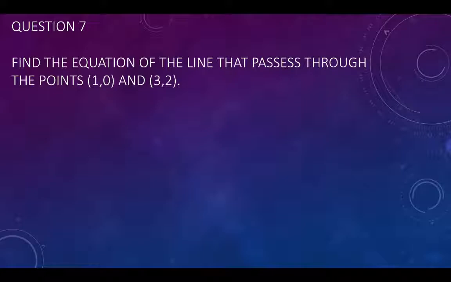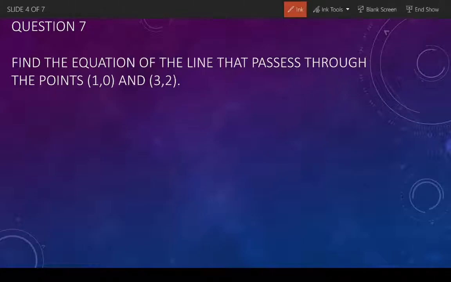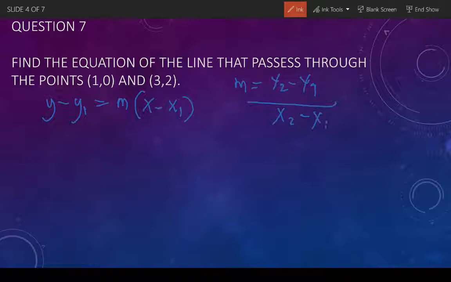So, we have the formula y minus y sub 1 is equal to m times x minus x sub 1, the point slope formula, where m is the slope, y sub 2 minus y sub 1 over x sub 2 minus x sub 1. So our first task here is to solve for the slope.